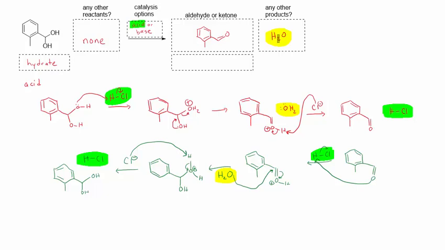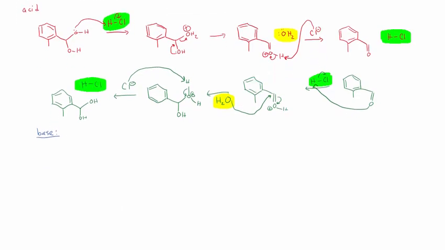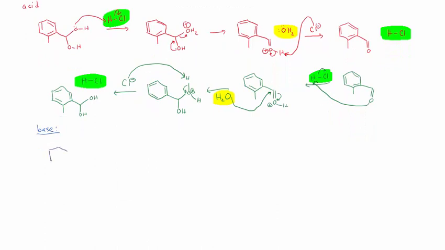We can do the same reaction under base conditions. So let's switch to another color. Here's our base conditions. Hydroxide, as the example base here, is going to start by deprotonating one of the hydroxyl groups on the hydrate.